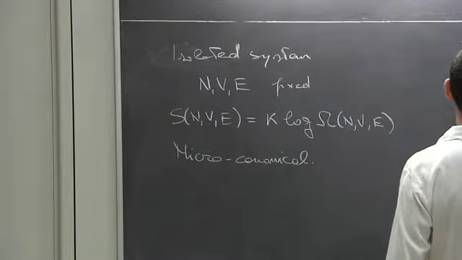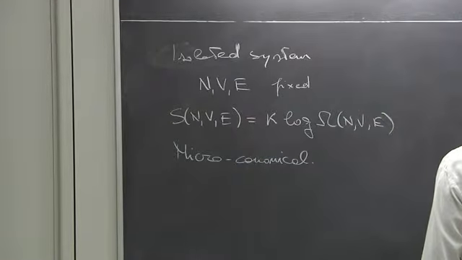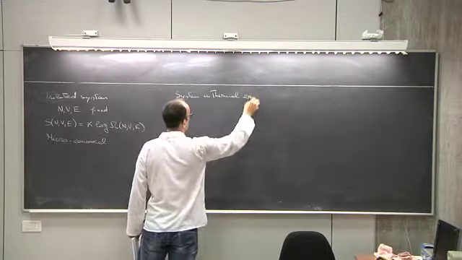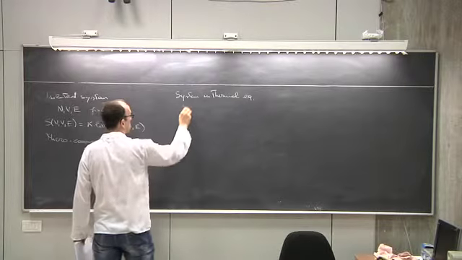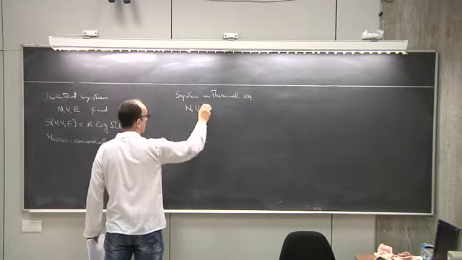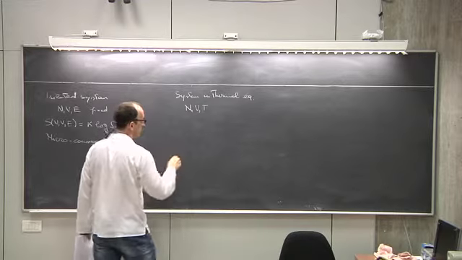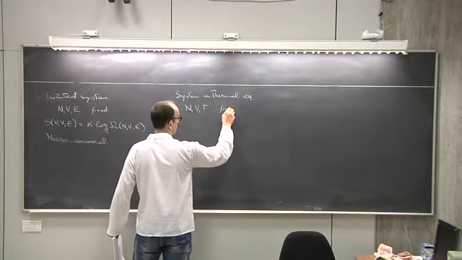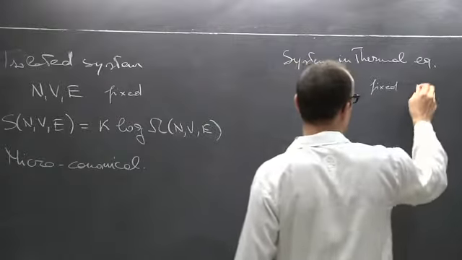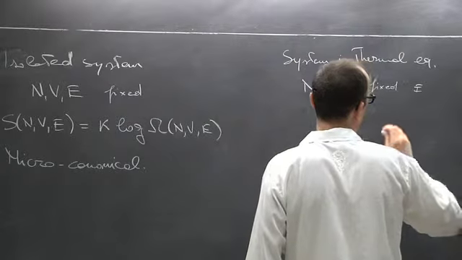And if we have a system in thermal equilibrium, then the relevant variables are the number of particles, the volume, and the temperature. These are fixed, whereas the energy fluctuates.